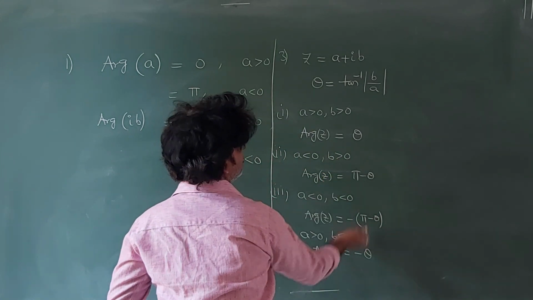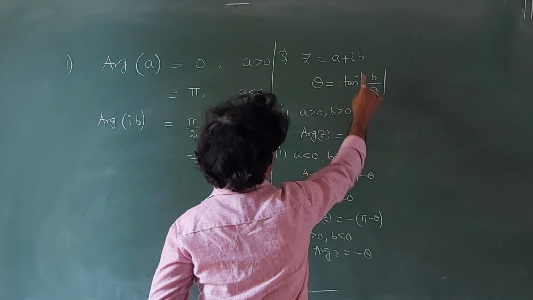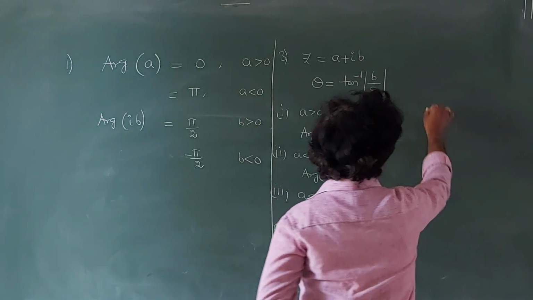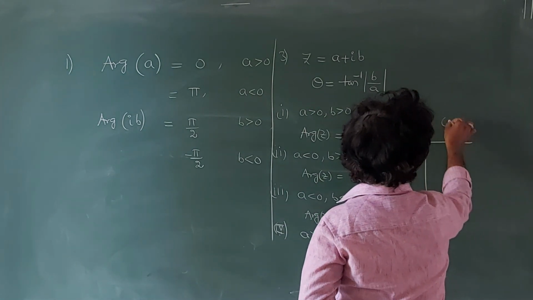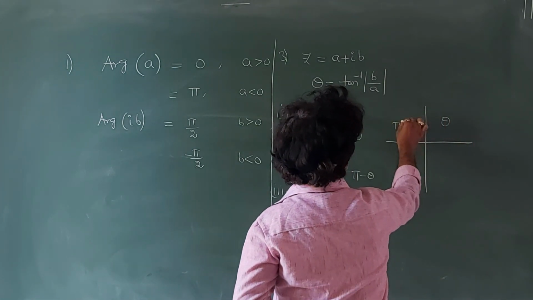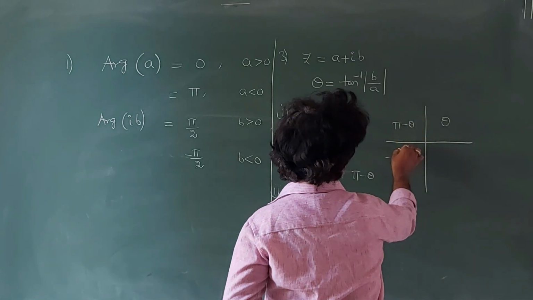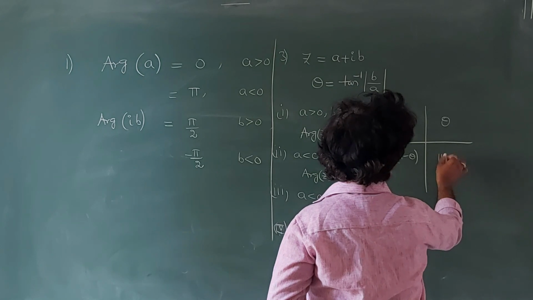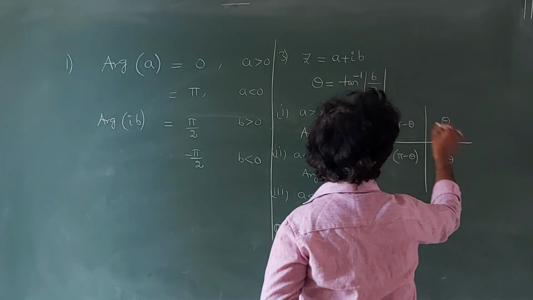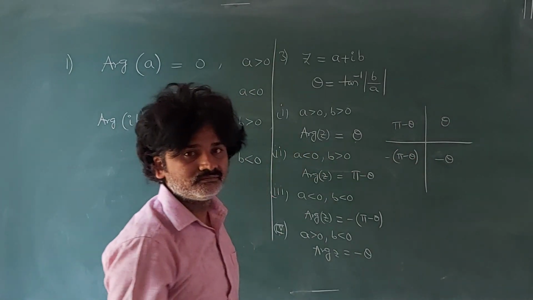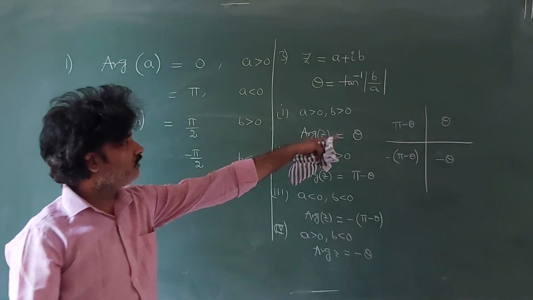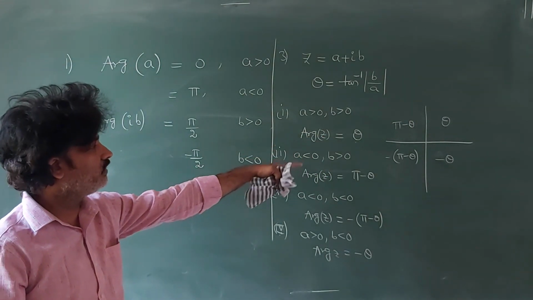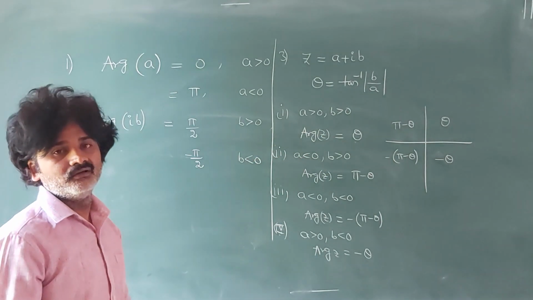So in all these cases, first find theta like this. If you want to write it simply: first quadrant theta, second quadrant pi minus theta, third quadrant minus of pi minus theta, and fourth quadrant minus theta. According to the quadrant, we write the principal argument.